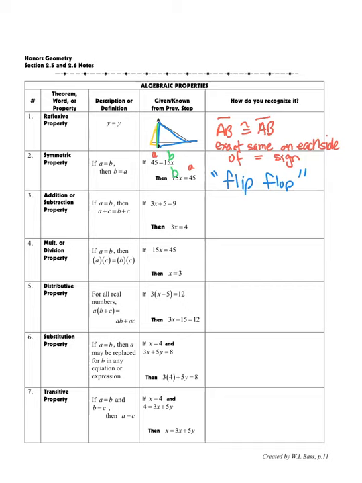The next one we're looking at is the addition or subtraction property. If A is equal to B, then A plus C equals B plus C. So if A is equal to B, and if we keep A and B there, we're adding C to both sides of the equation.